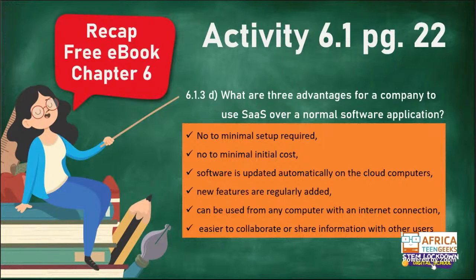You don't have to worry about updating it, right? So if there are new features, they are added regularly. You don't have to worry about adding the features yourself. And then it can be used from any computer with an internet connection. That's one of the advantages. So from any computer that has an internet connection, you are able to use these applications.